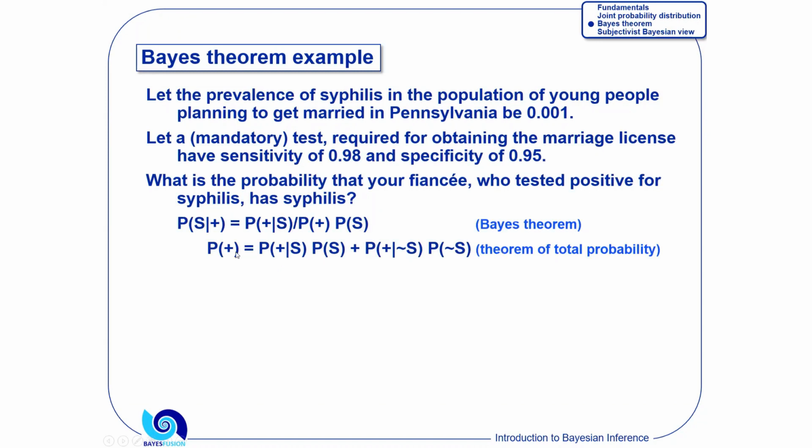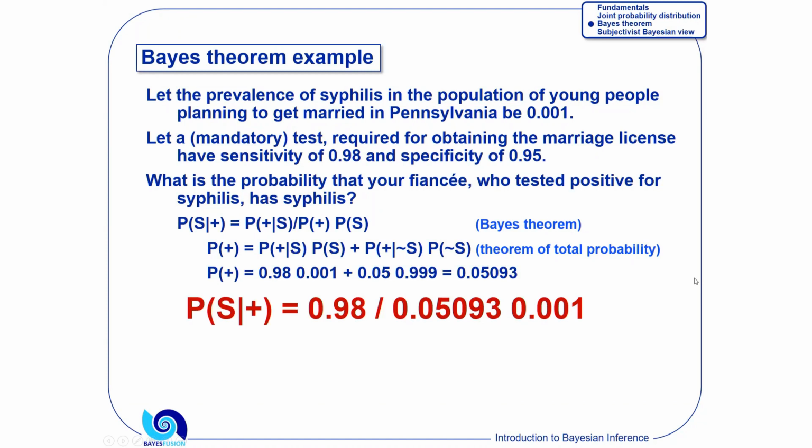If you want to calculate the probability of any event, you can introduce another variable and then go through all the possible states of that variable. In this case, there is S and not S, syphilis and no syphilis. Calculate the conditional probability and weigh it by the probability of that state. Very easy to understand.